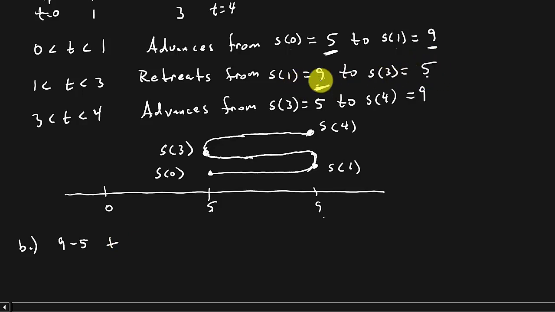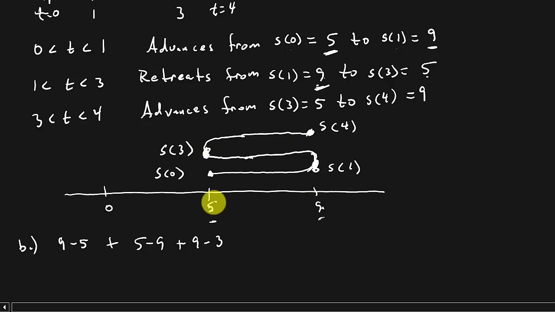So that's going to give me my 5 minus 9, and then from s of 3 to s of 4, that's going to be 9 minus 5. That's the distances. See, I'm going from here to here, so that's my 9 minus 5. But then I'm going from here to here, so that's going to be 5 minus 9, and then I'm going from here to here, that's going to be the 9 minus 5.